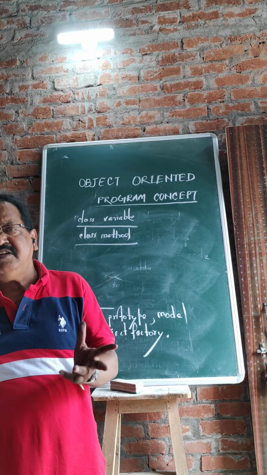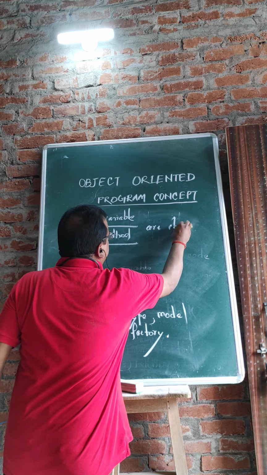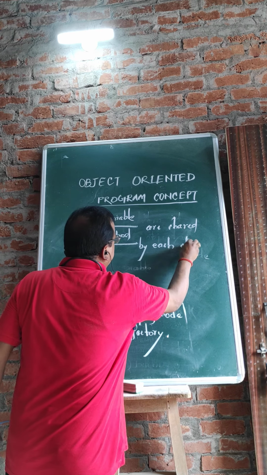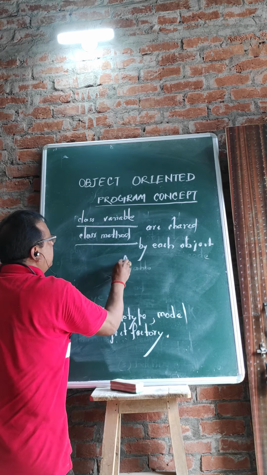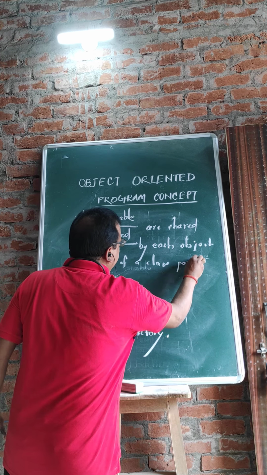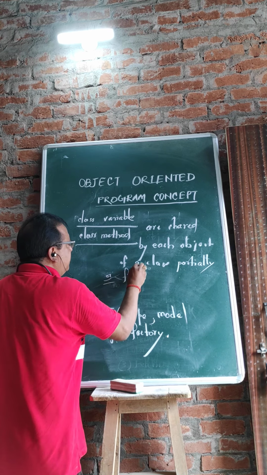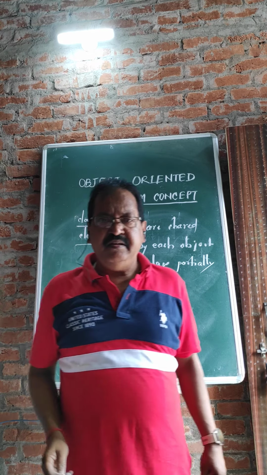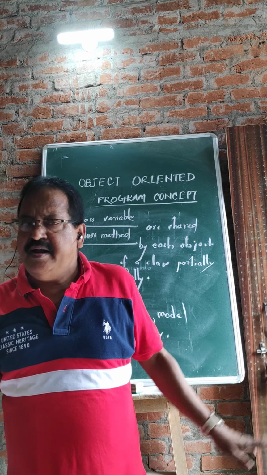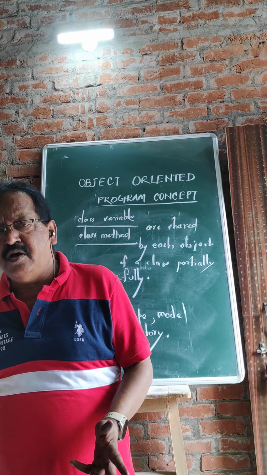That means the class variables and class methods are shared by each object of a class, partially or fully. That means an object may implement all the behavior and variables of a class, and another object of the same kind might employ only a few variables or methods of that class.